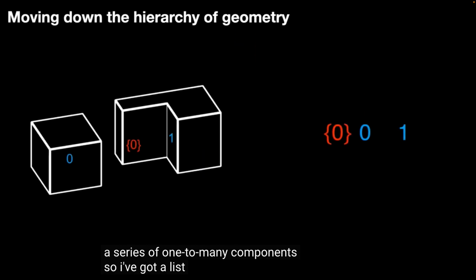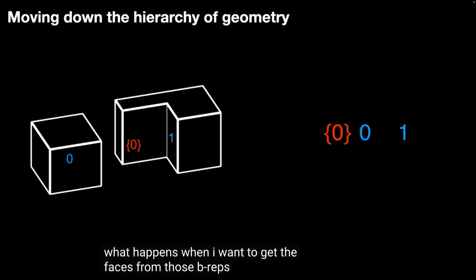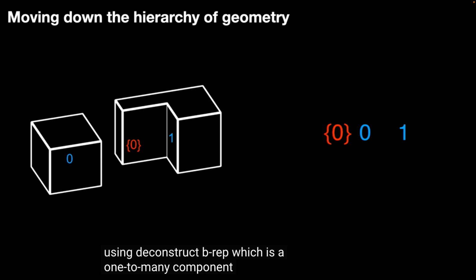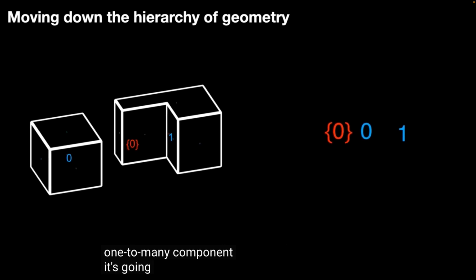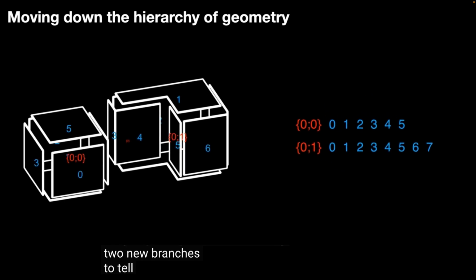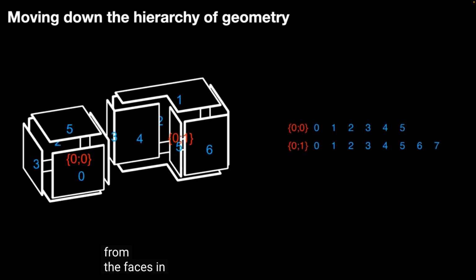So I've got a list with 2 BREPs. What happens when I want to get the faces from those BREPs using deconstruct BREP, which is a one-to-many component? It's going to organize the results by 2 new branches to tell me where each BREP face came from. The faces in branch 0,1 came from the BREP at index 1 in the original list.